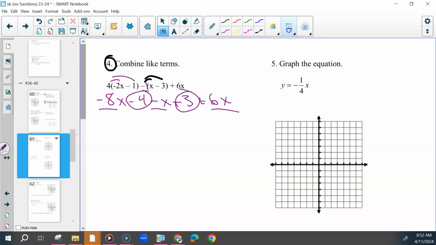So we have negative 9x plus 6x, negative 3x, and negative 4 plus 3 is negative 1. And if you put the original and the final into Desmos with capital X's or change the variable, add the slider, the decimal should be the same. Questions on that one? Did anyone need to see that check method in Desmos?